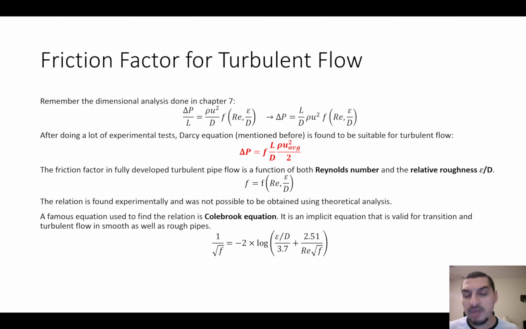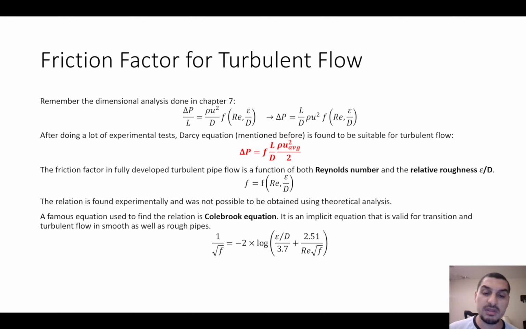So for now, this is the equation that we have, and as we said, it's a function of Reynolds number, which is rho u d over mu. We know all of these parameters. We have discussed Reynolds number before, and of epsilon over d. And epsilon, as we said before, is the surface roughness, which is the average height of the irregularities of the inner surface of the pipe.